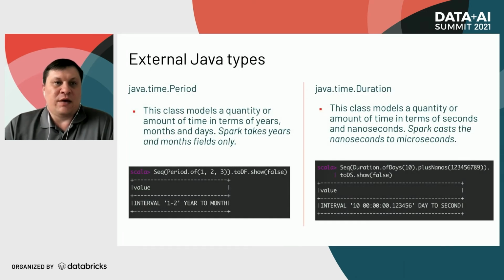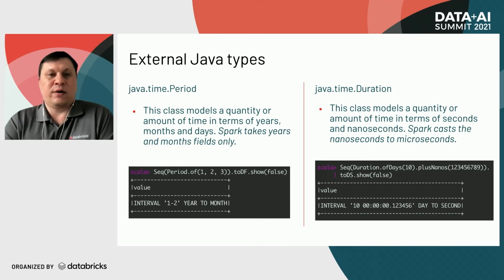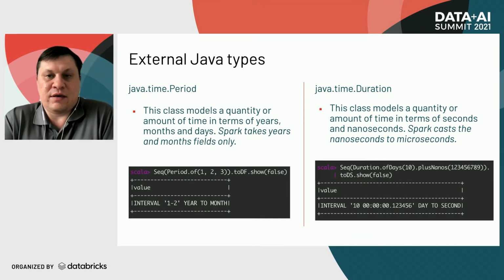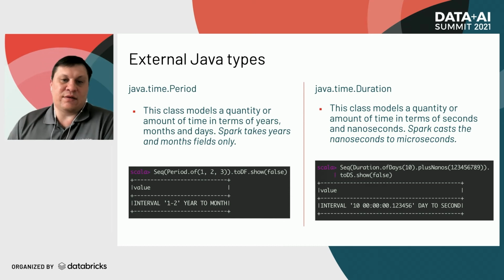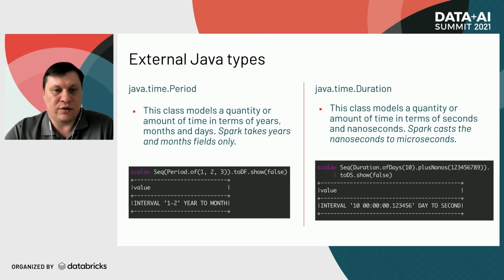Next one. As I mentioned before, we can construct intervals from external types. If you want to, for example, construct a year-month interval, you can use a collection of Java time Period. You can see the example on the slides.